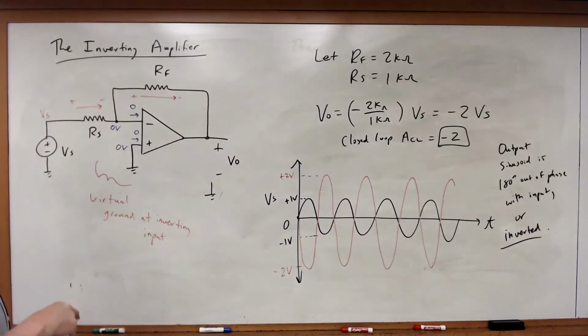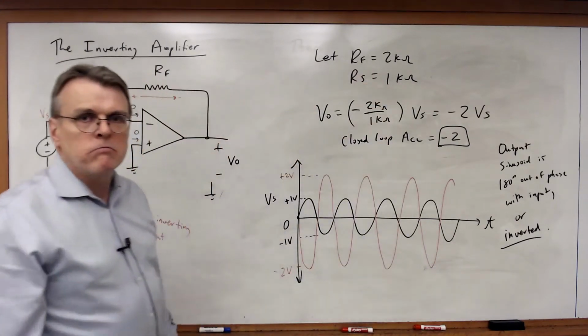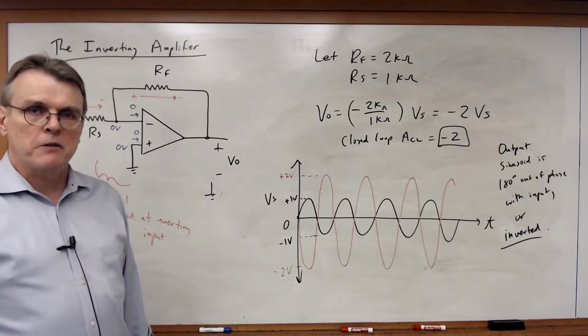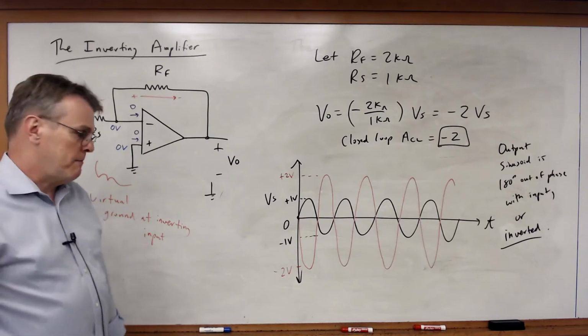Now note, I can pick different values for RF and RS to get different values of closed loop gain, different magnitudes. What is the smallest magnitude of closed loop gain?